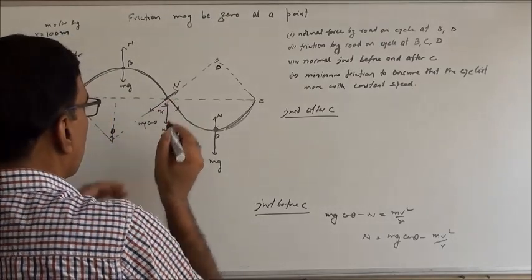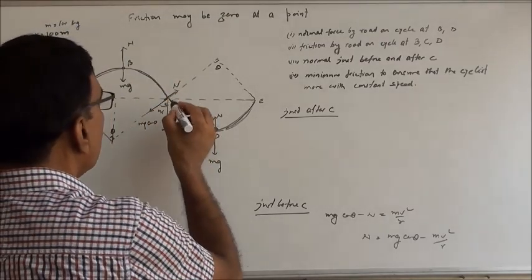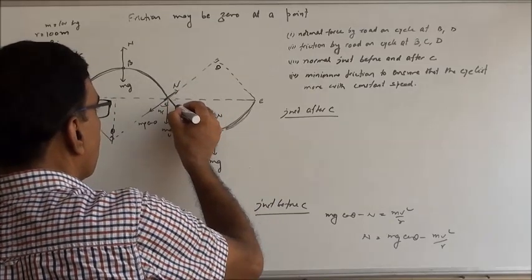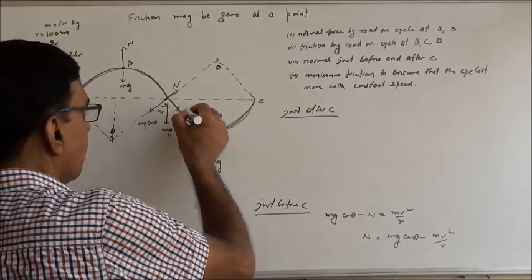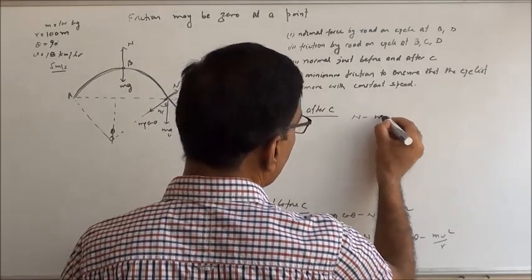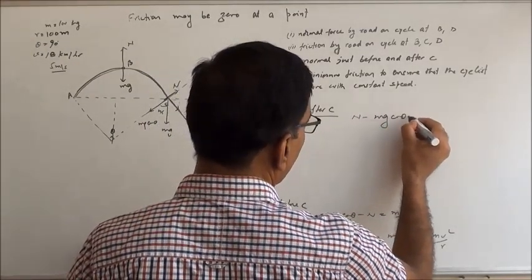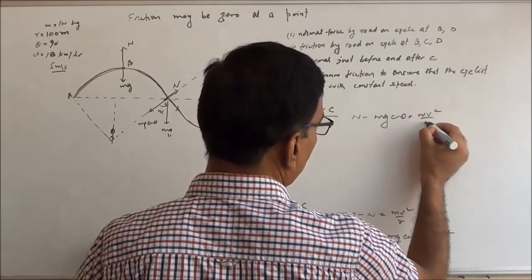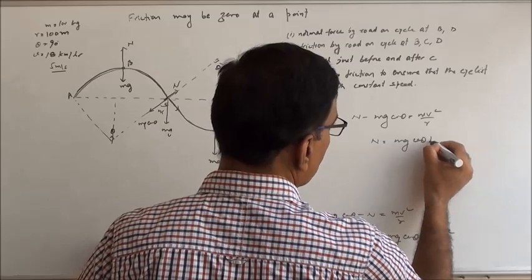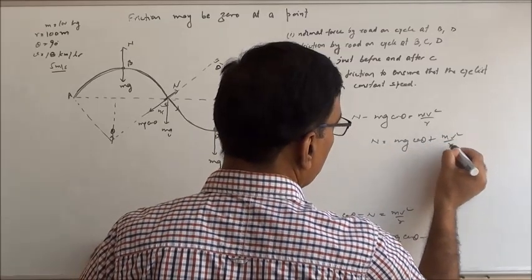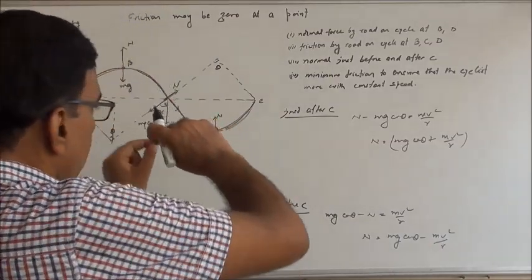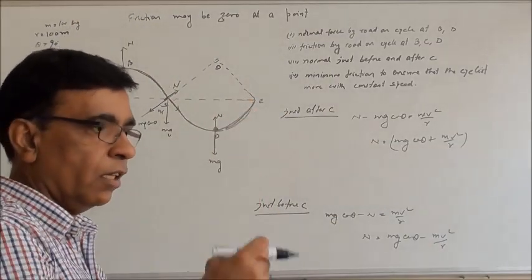When this has been crossed, mg is this, mg cos theta, mg sin theta. So the equation will now be N minus mg cos theta is equal to mv square by r. So N is now mg cos theta plus mv square by r. Up to this point, the curvature is like this, so the center is here.